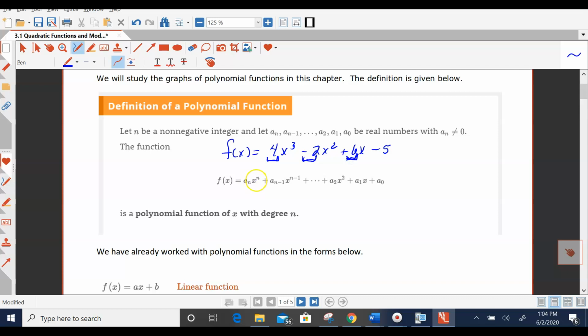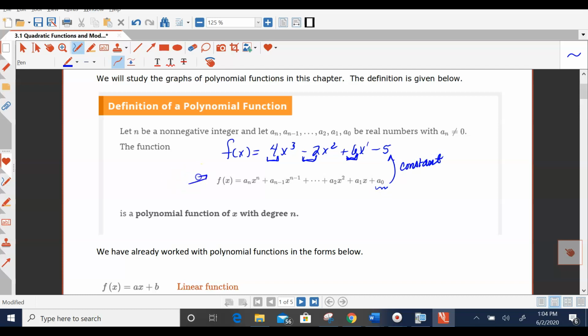Now the x to the n minus 1, and so on represents your variable x, and the degrees are going to be in descending powers. So if this is degree 3, the next one should be 3 minus 1, which would be a 2. And the next one would be 2 minus 1, which is power of 1. So we have our polynomials in descending powers, and this a sub 0 at the end just means, hey, you have a constant.